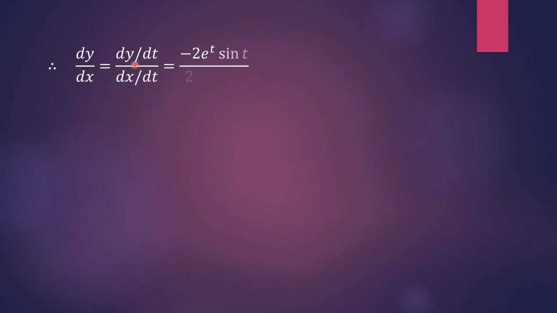The value of dy/dt and dx/dt are in the previous screen, and dx/dt is also twice e to the power t cos t. This twice e to the power t and twice e to the power t cancel out, minus is there, and sin by cos will be equal to tan t.